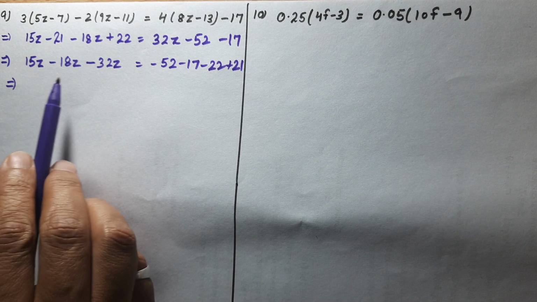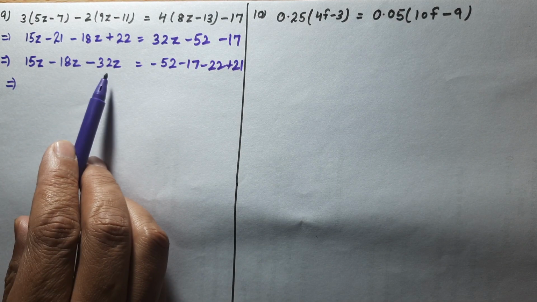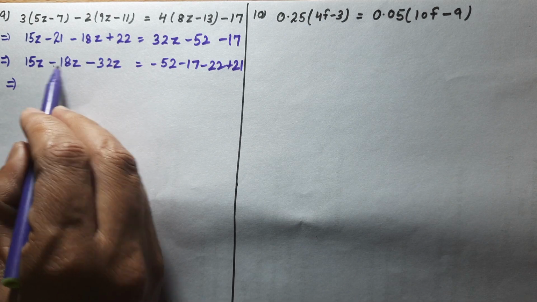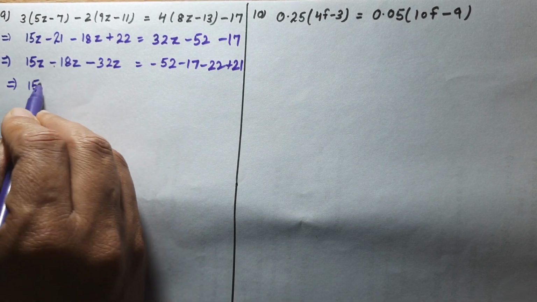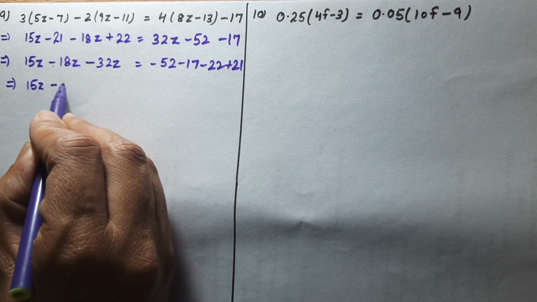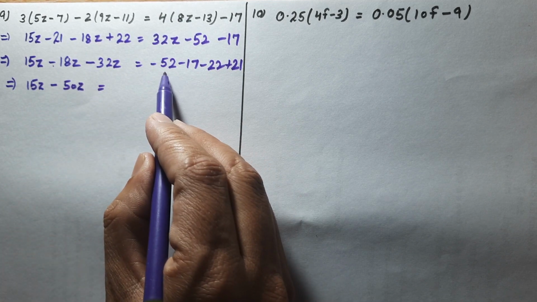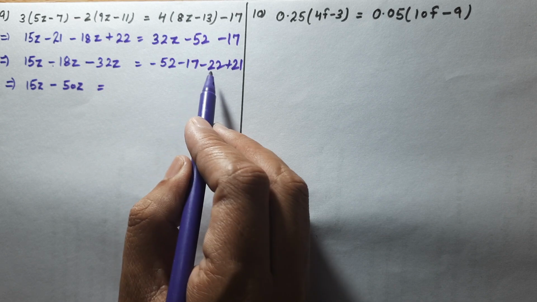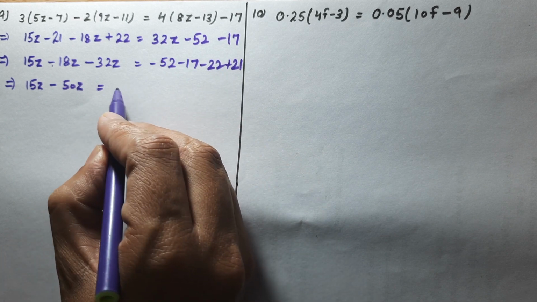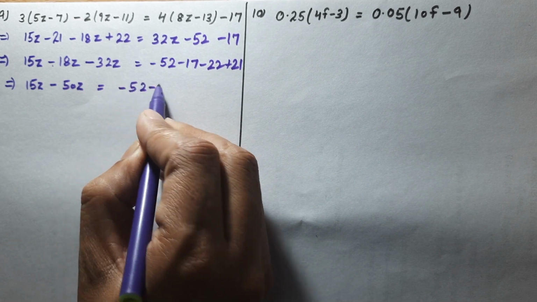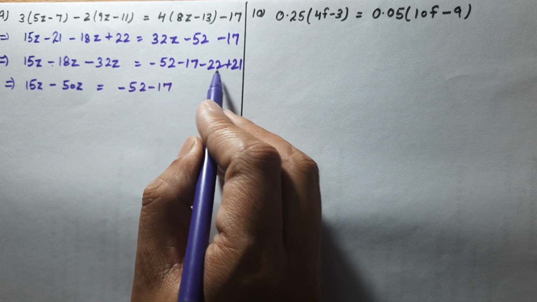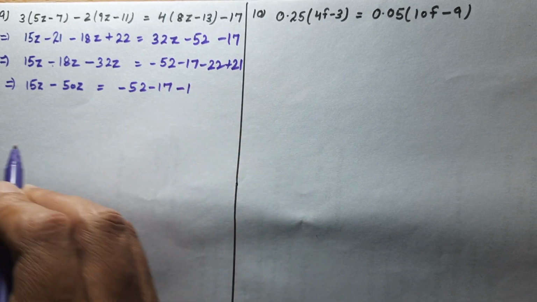15z minus 18z minus 32z. Now minus minus, same sign, just add them. That gives minus 50z. Then minus 52, minus 17, plus 22, plus 21, minus 1.